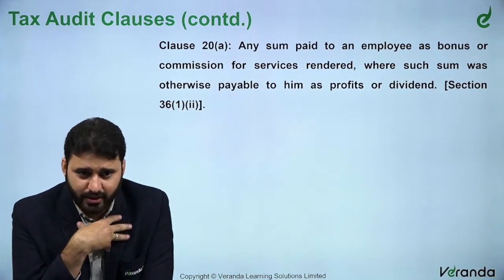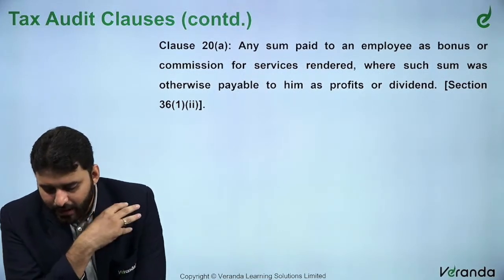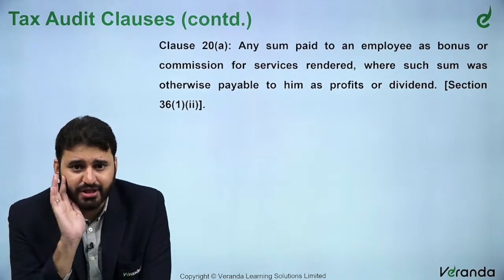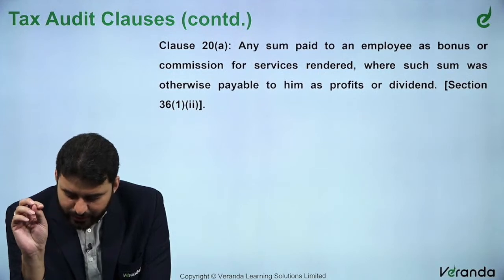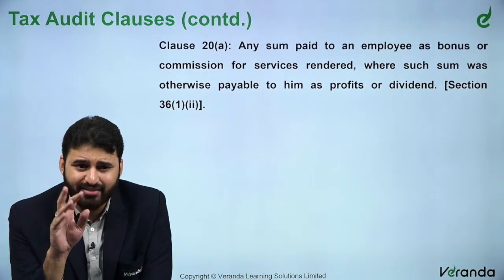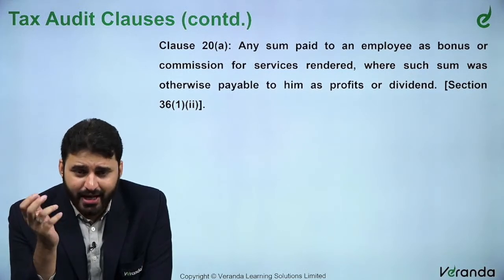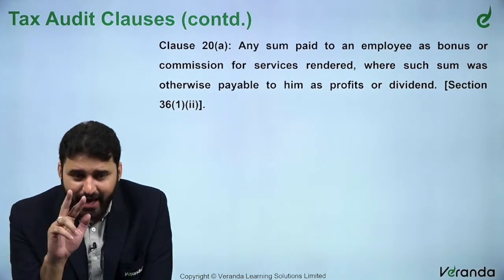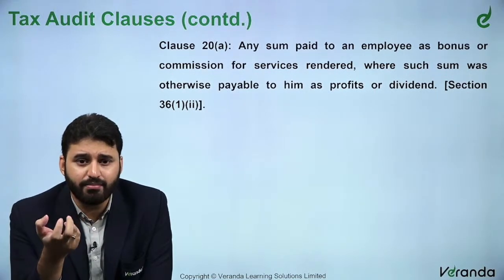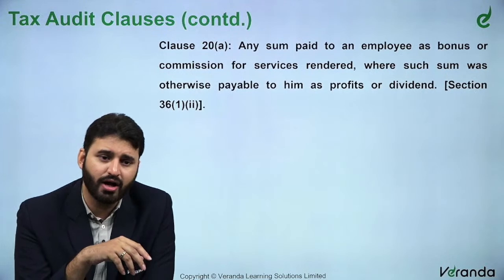I am the employer, the assessee is the employer. I have paid you a bonus, I have paid you a commission, for the services rendered, where such sum was otherwise payable to him as profit or dividend.